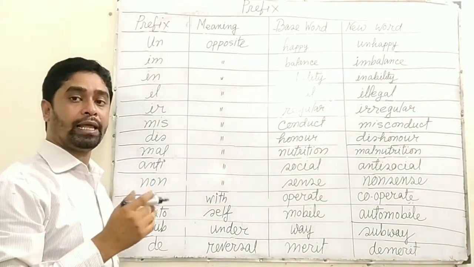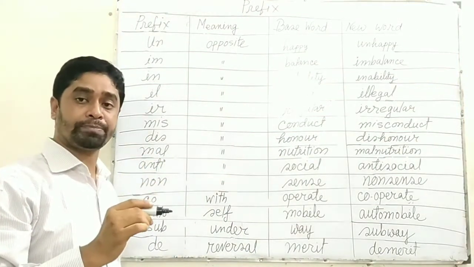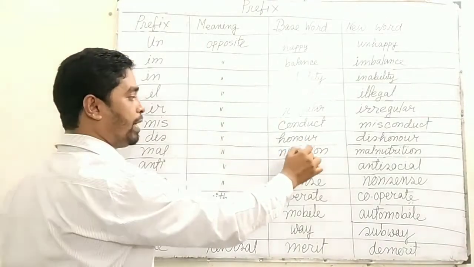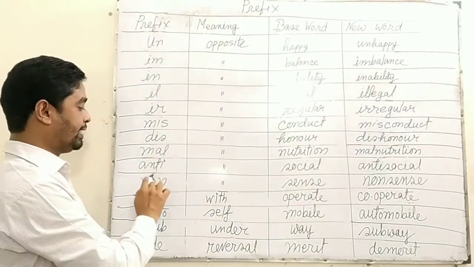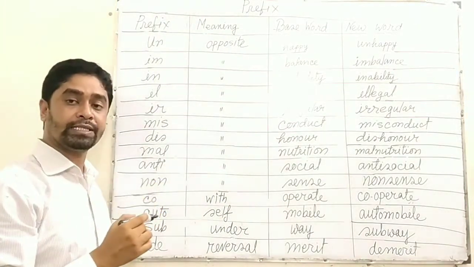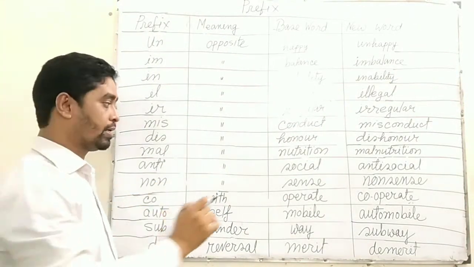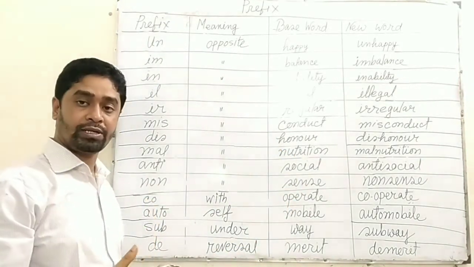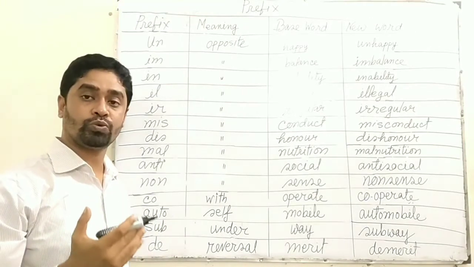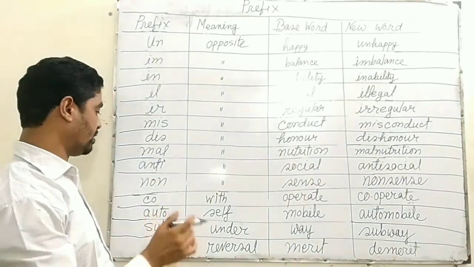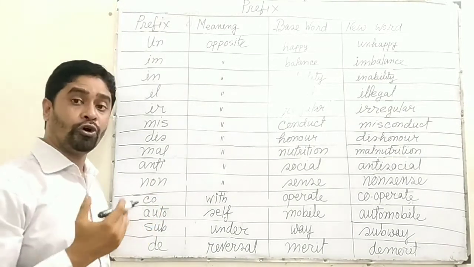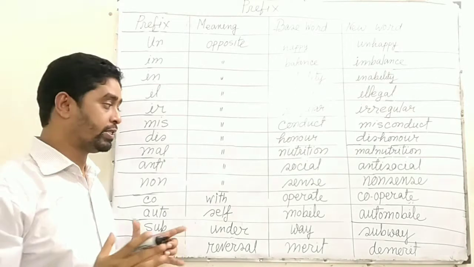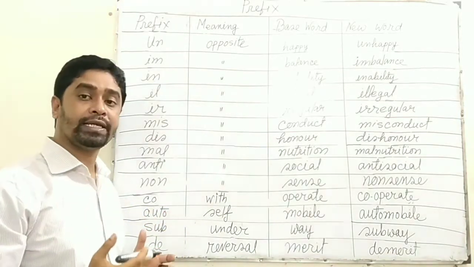Next, mal, M-A-L, mal. It also expresses the opposite meaning, nutrition, malnutrition. Anti, it also expresses opposite meaning, social. It creates antisocial, that is the opposite word of social. Next, non. It also creates an opposite word, like sense.